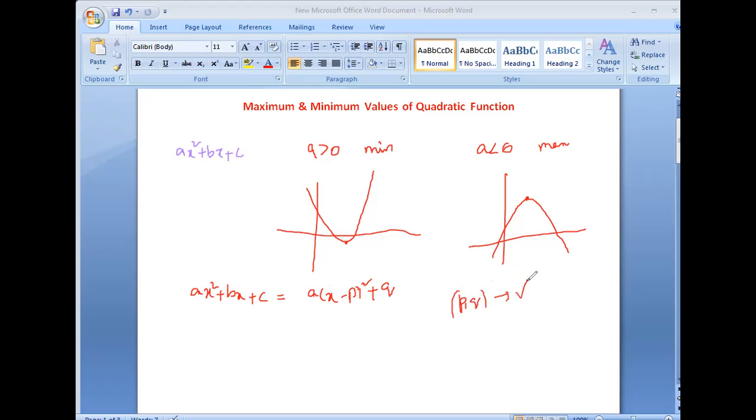If a is greater than 0, this vertex will be the minimum point. If a is less than 0, this b comma q will be the maximum point. So based on the a value we can decide.